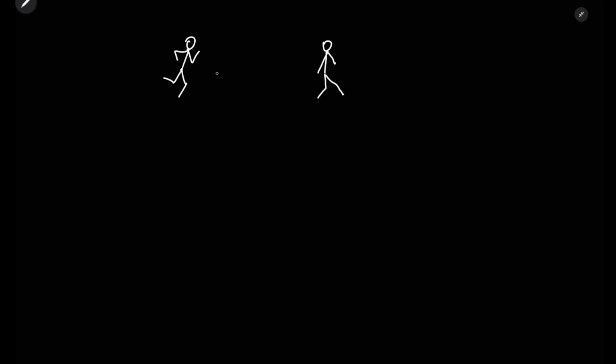His speed went down, velocity went down from 15 meters per second down to 5 meters per second. And he doesn't have a lot of stamina. It took him 3 seconds to lose his stamina and start walking.